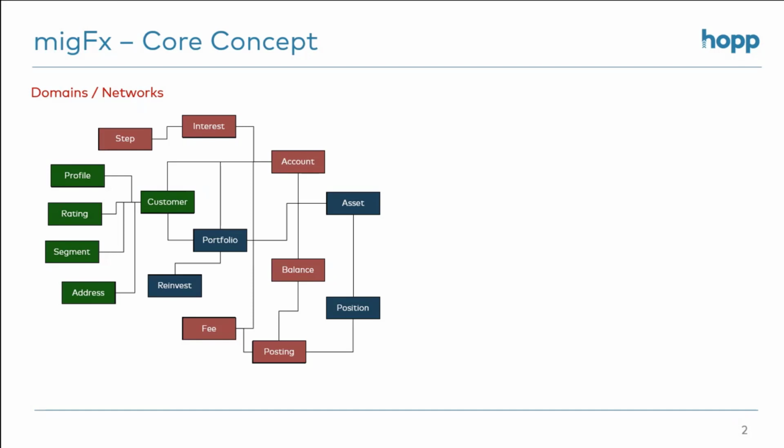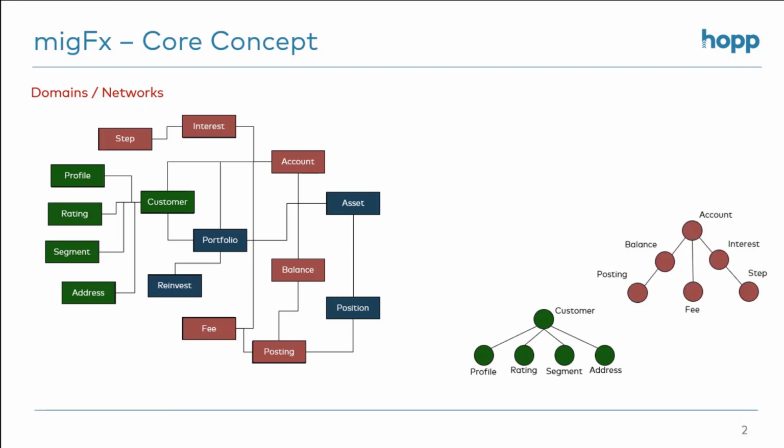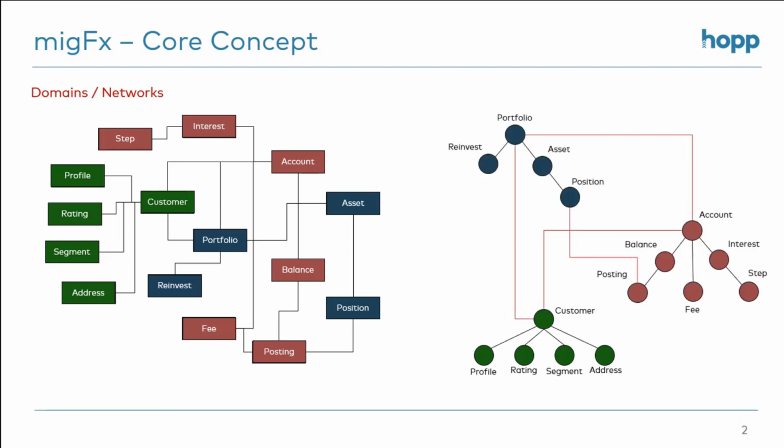Now, we have a different way of looking at this. We see the exact same data sets, but we look at them as hierarchies. The green stuff is the customer, and it's a hierarchy because you have one entity that if you grab hold of a customer, you can actually get all related stuff to that customer connected to it.